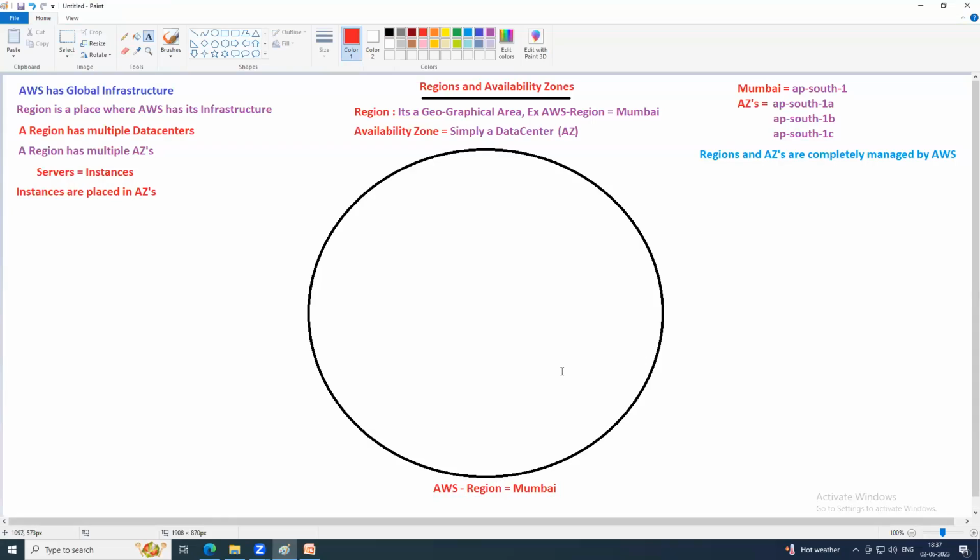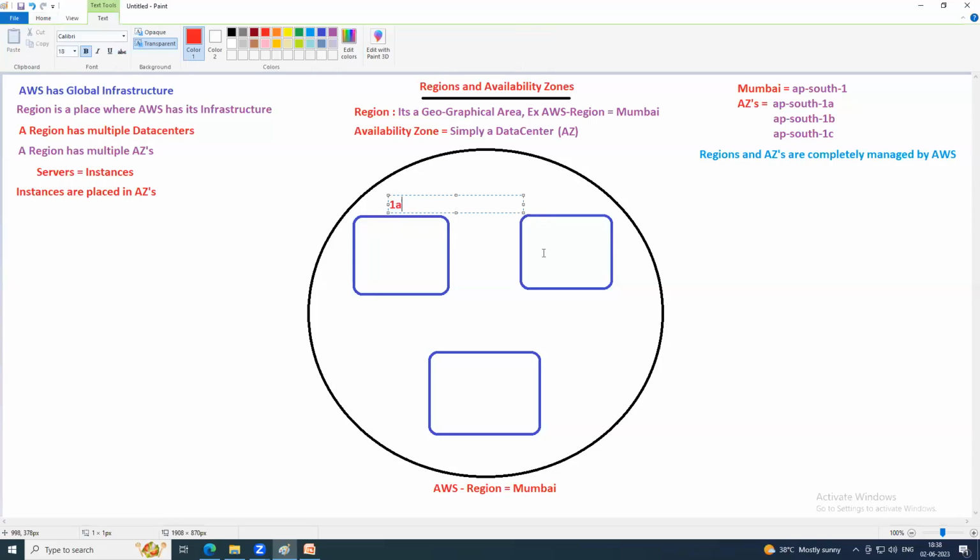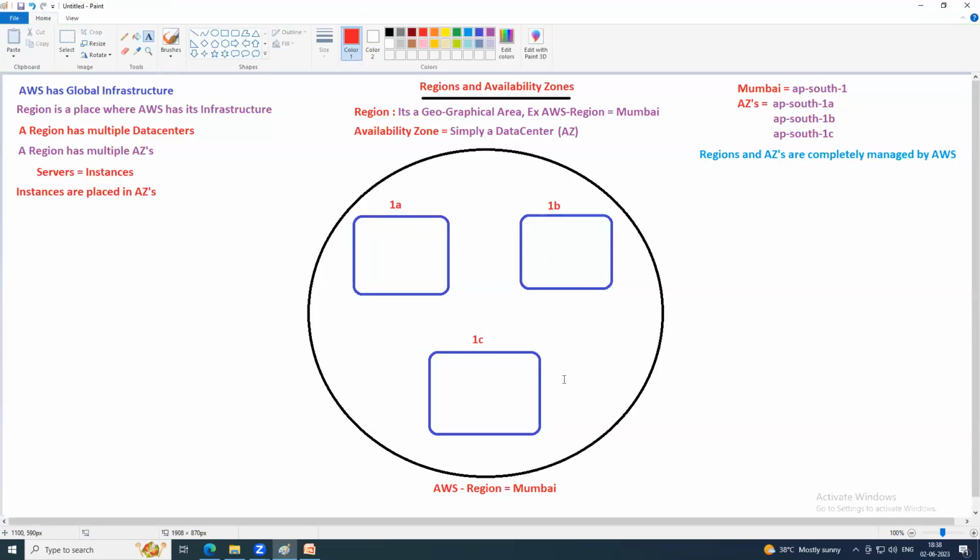In this Mumbai, how many availability zones are there? 3 availability zones: 1, 2, and then 3. Please don't think that I'm doing some scary diagrams. So this one we call 1A, this one 1B, and then 1C. These are availability zones inside the region.